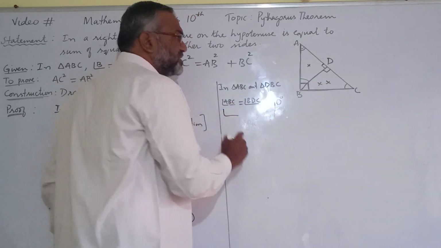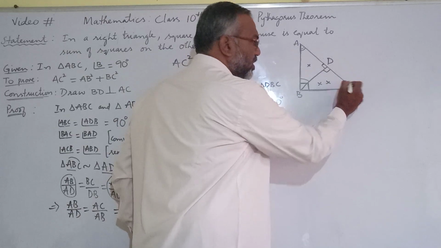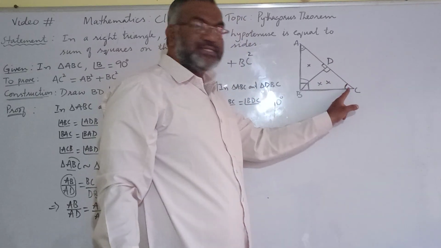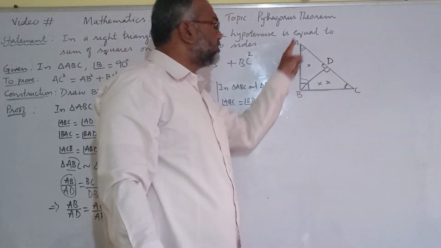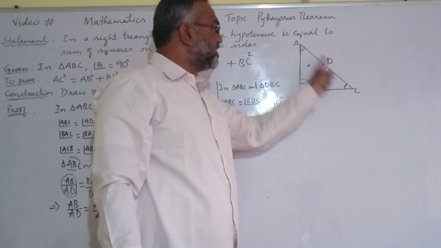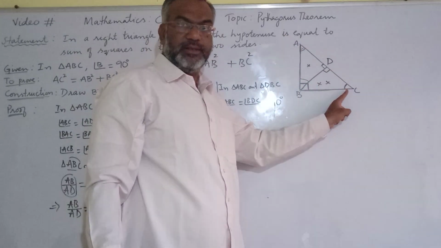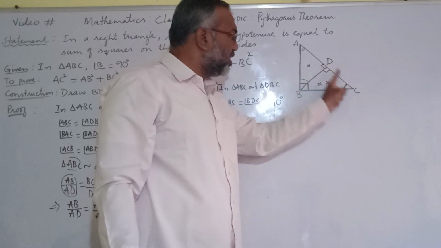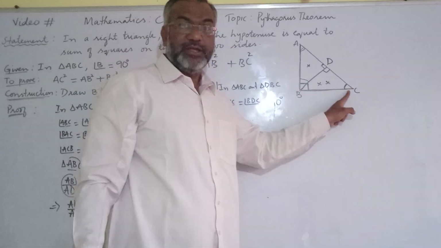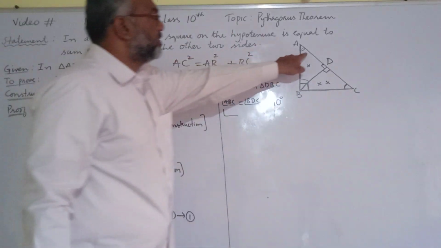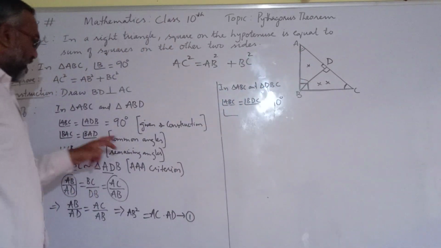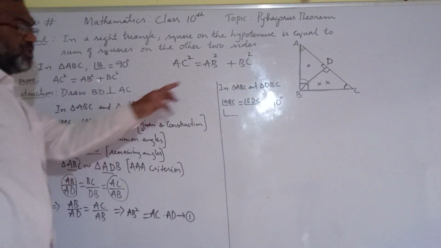What about angle C? If you observe carefully, angle C is present in the big triangle, and angle C is present in this small triangle also. So C is common. Just like before, A was common, now C is common, right?